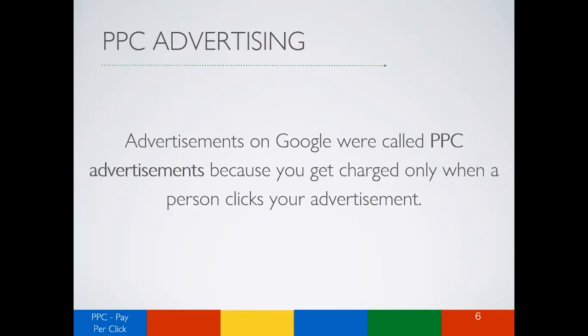That means if you are getting a user, a really potential customer, only then are you paying to Google. That is why it is the most effective form of advertising across the globe, because it is based on whether you get the potential customer or not.